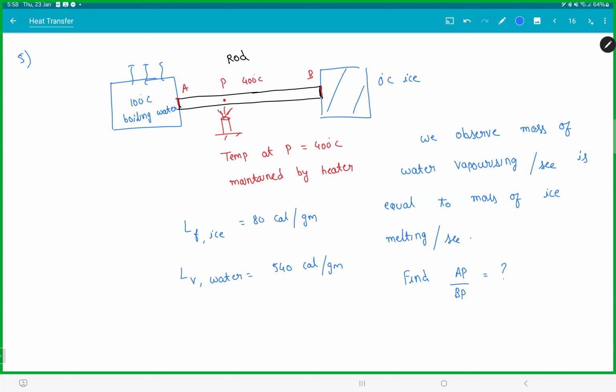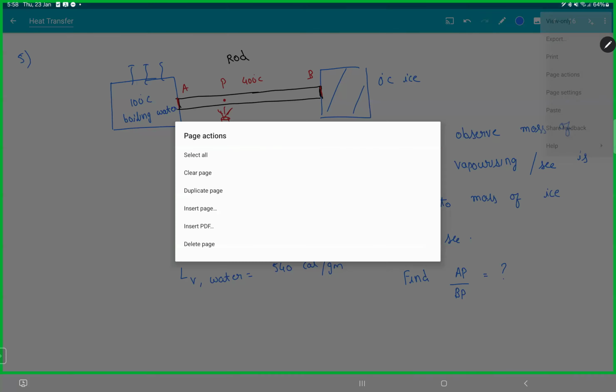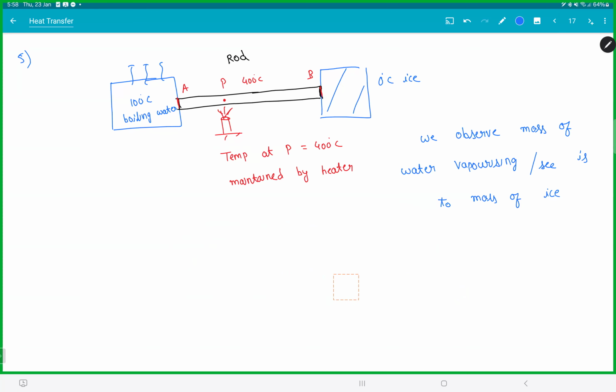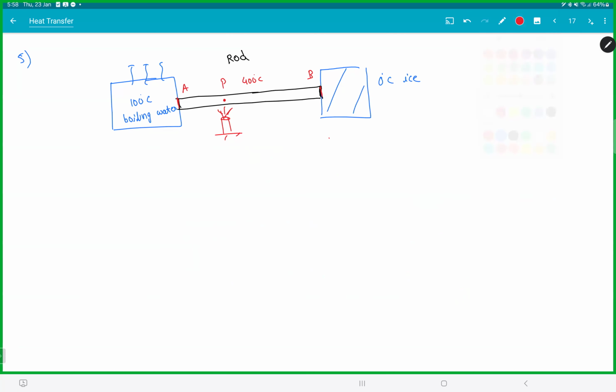Let's see. Let this side Q1 joules per second heat flow and this side Q2, let's take it as calories. It will cancel out. And this is Q2 calories per second heat flow.